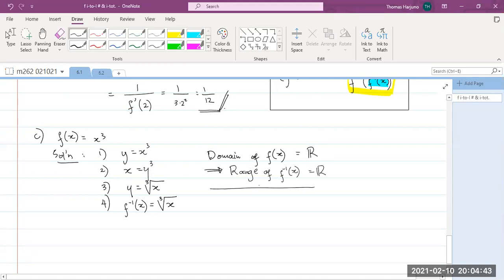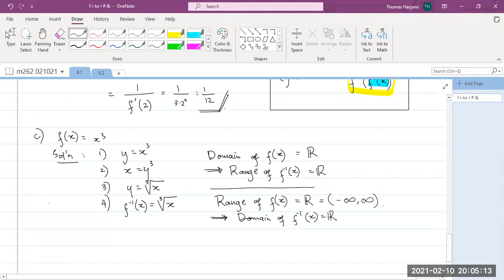Likewise, what is the range of the function? The function is a monomial with degree of 3, right? So the range must be all real numbers. Therefore, the domain of the inverse is also all real numbers. You can use negative infinity to infinity in place of all real numbers. Either way, it's okay.